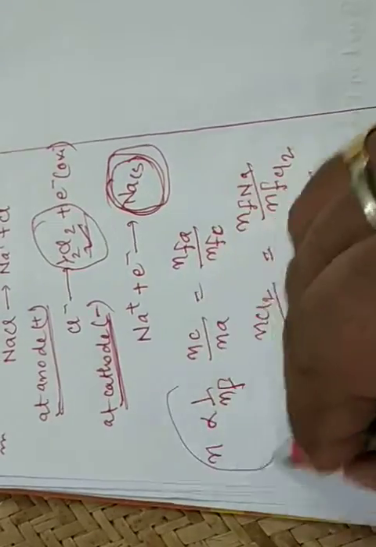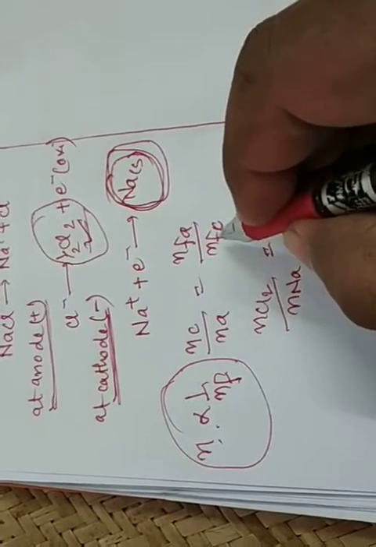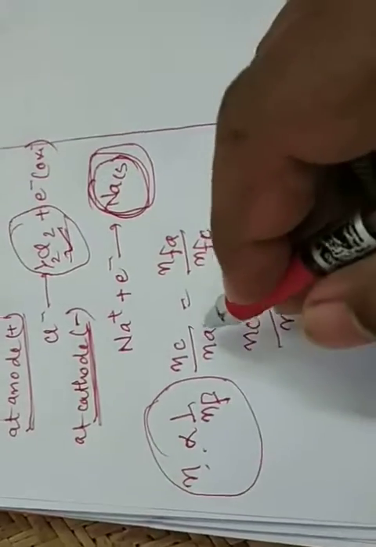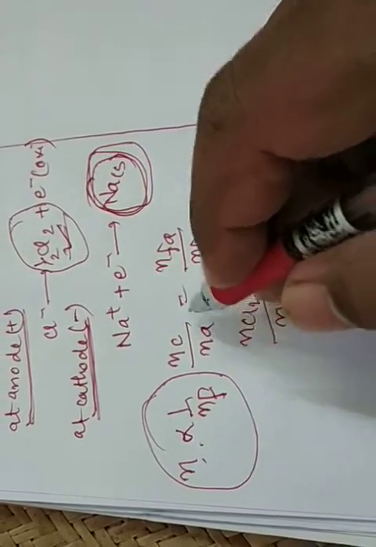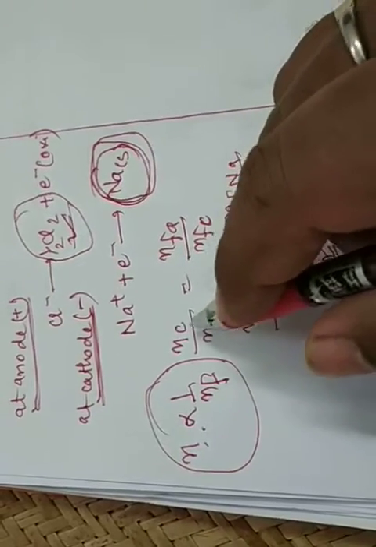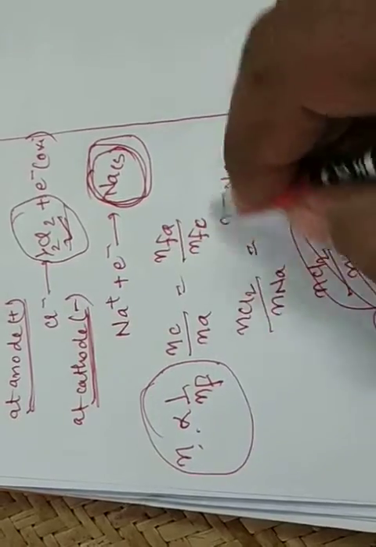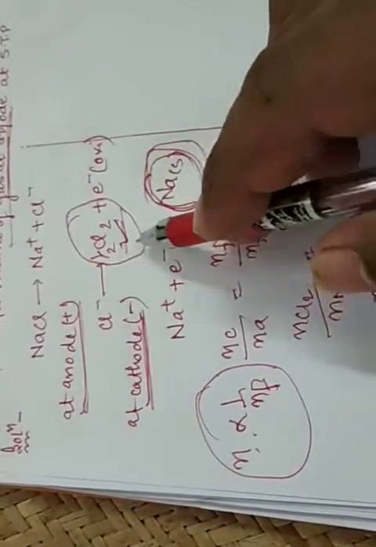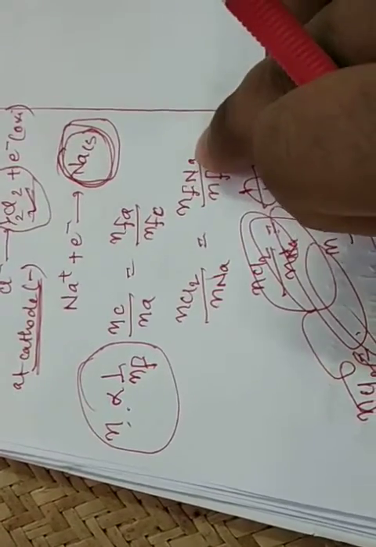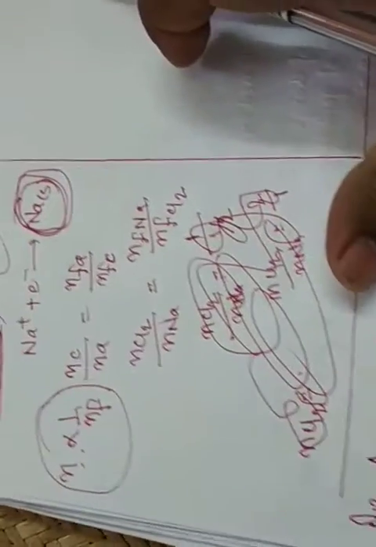So n of sodium upon n of chlorine is inversely proportional to the n factor of sodium upon the n factor of chlorine. Here the n factor means valency, so just write down the valency.